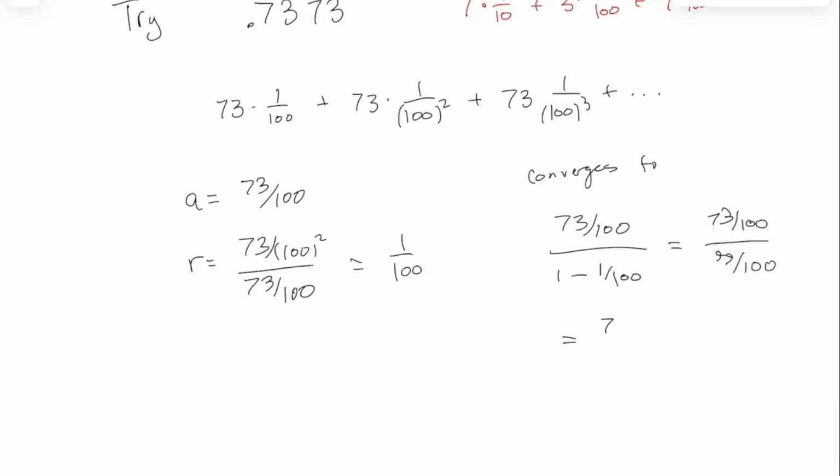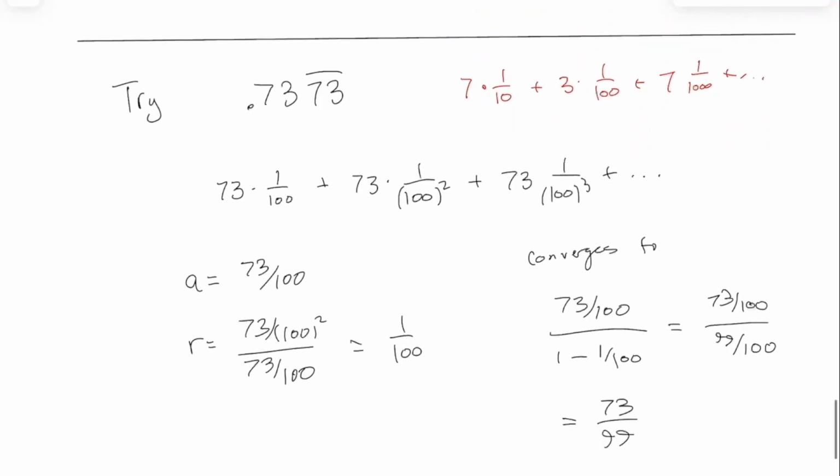And that would be 73 over 99. And you can check this in your calculator. If you just divide 73 by 99, it really is that right here. 0.7373 repeating. All right, isn't that cute? I think that's interesting in my opinion.